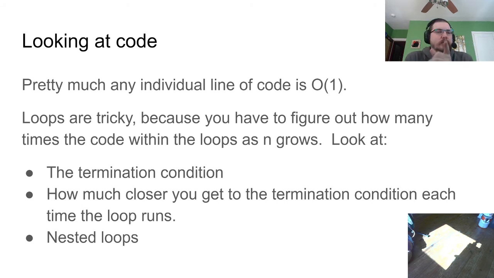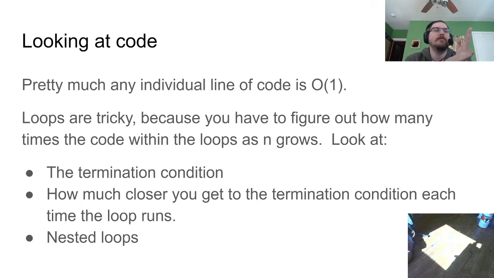However, loops get tricky, because with loops, you can do an operation to each element of an input. So what we have to look at for loops is what is their termination condition, and every time they iterate, how much closer do they get? If I say for i equals 0, i is less than n, i plus plus, that means I'm going from 0 to n by hops of 1, which would be linear.